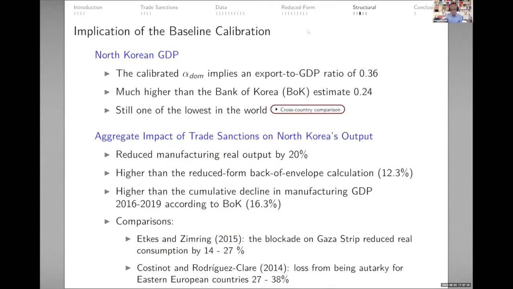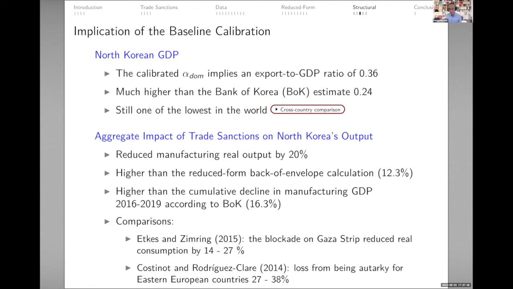An interesting parameter that comes out from this model where we estimate is, so this is our prediction. If we believe in the model, we find that North Korea's manufacturing export to GDP ratio is about 0.36. This is somewhat higher than what the Bank of Korea estimates, but still one of the lowest in the world. Using this estimate, we're able to then back out the overall aggregate impact of trade sanctions on North Korea's manufacturing output.